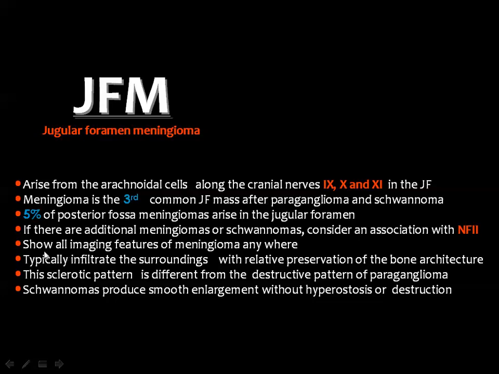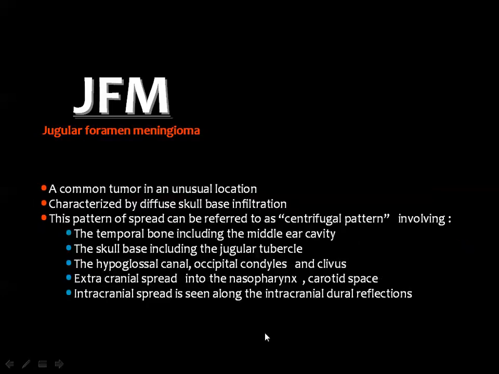Then meningioma anywhere will show all the imaging features of meningioma. And some of the meningiomas may infiltrate the surroundings, as I presented some of the cases that have destroyed the skull base and extended extracranially, pathologically proved to be meningioma.